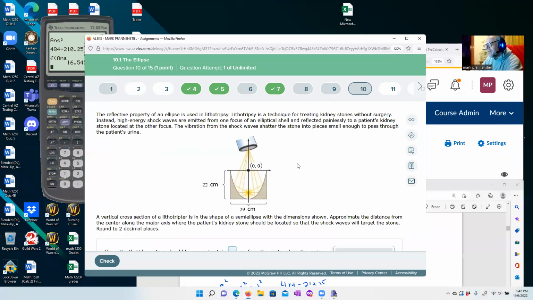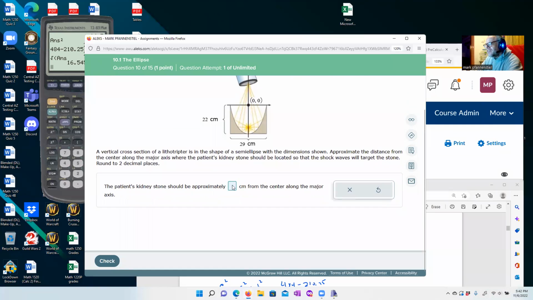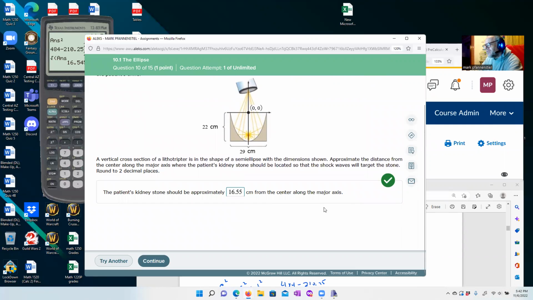That's what we're going to type in. I'm surprised they didn't say to 2 decimal places. Very good. We'll go ahead and check. And yay, we got our little green flag, so we should be good to go.